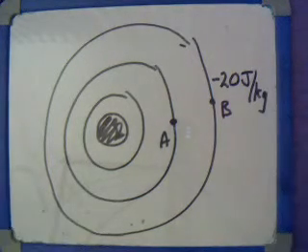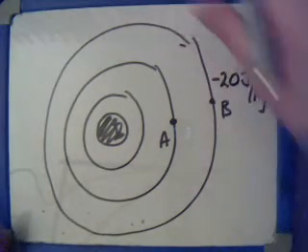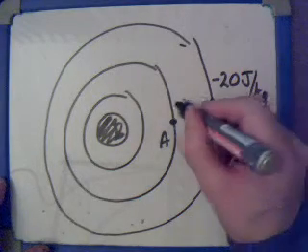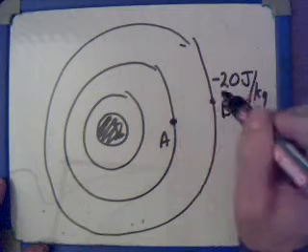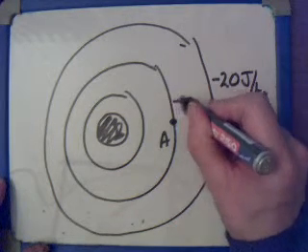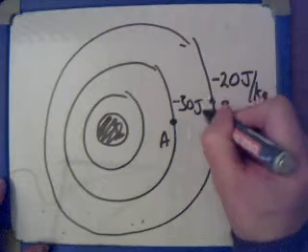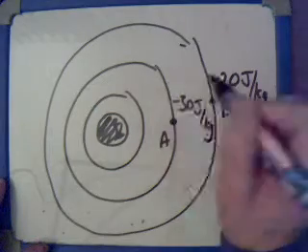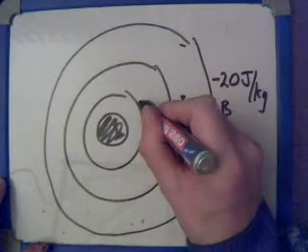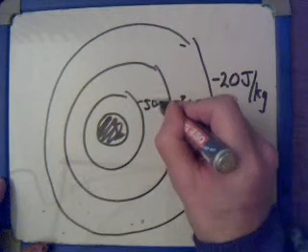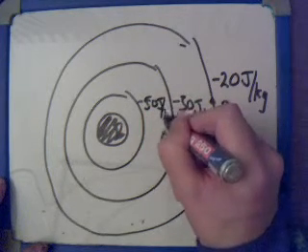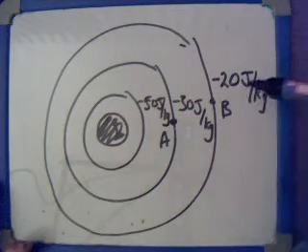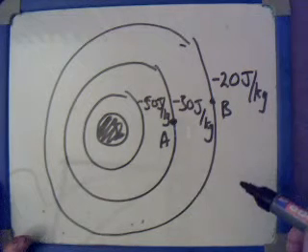It won't be, I'm just thinking about nice round numbers. Then as we approach the Earth, the potential at A is going to be increasingly negative, larger magnitude, minus 30 joules per kilogram, and as we go further in, that might be something like minus 50 joules per kilogram. I haven't drawn to scale, and these are not real values. It just shows you that the potential becomes increasingly negative as you approach the Earth's surface.